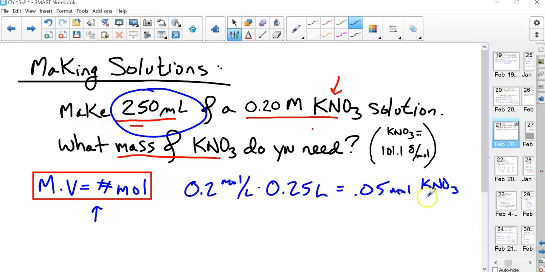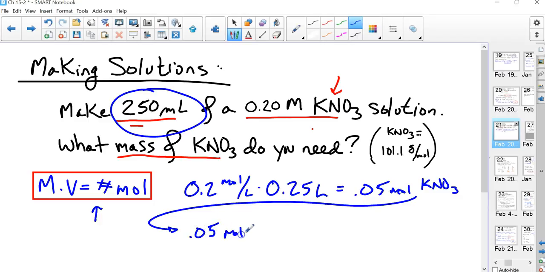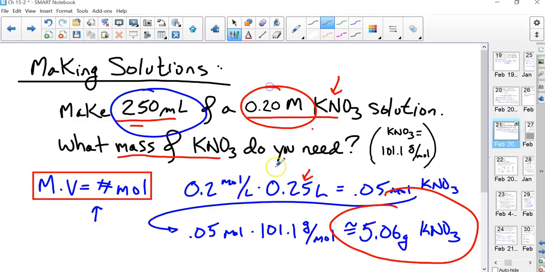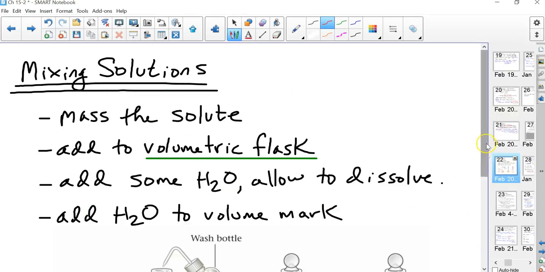And then of course we're going to take this value, 0.05 moles of potassium nitrate, times the molar mass, and the molar mass is 101.1 grams per mole. That's going to tell us the number of grams, and it's approximately 5.06 grams of potassium nitrate, and that's how much we'll have to mix into the 250 mL of water to get a 0.2 molar solution.